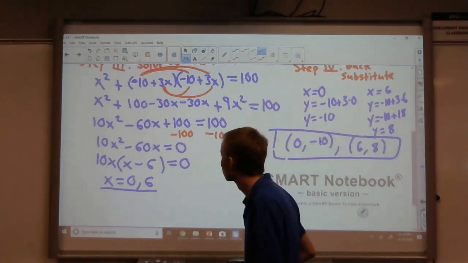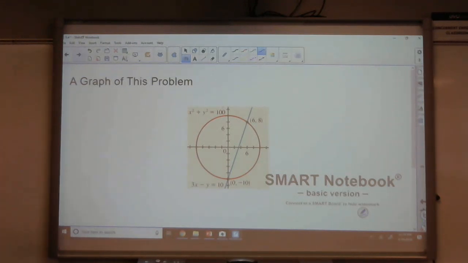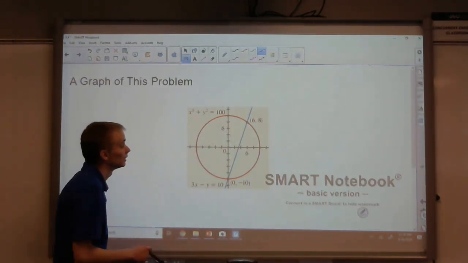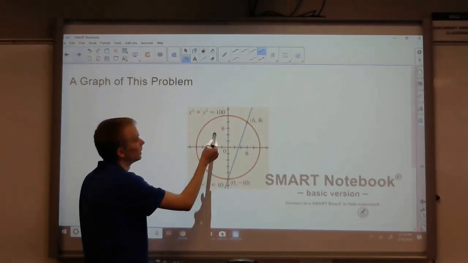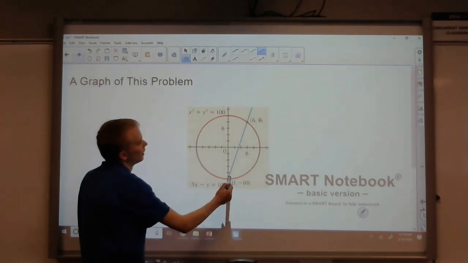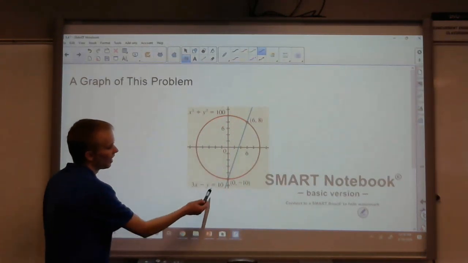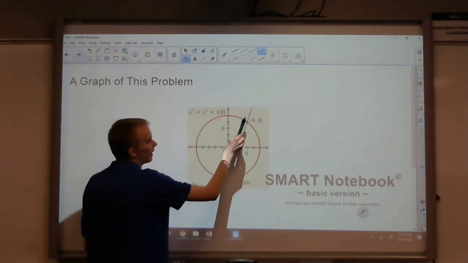So, hopefully that's helpful. I'll show you a graph of the situation. Remember this x squared plus y squared equals 100. This is a circle of radius 10. And then this other line that we have, 3x minus y equals 10, is a line that looks like this.